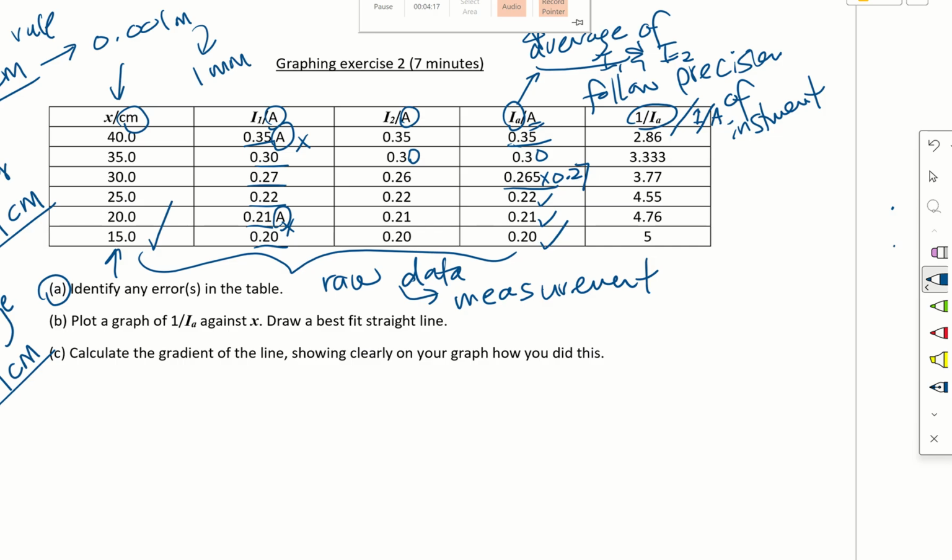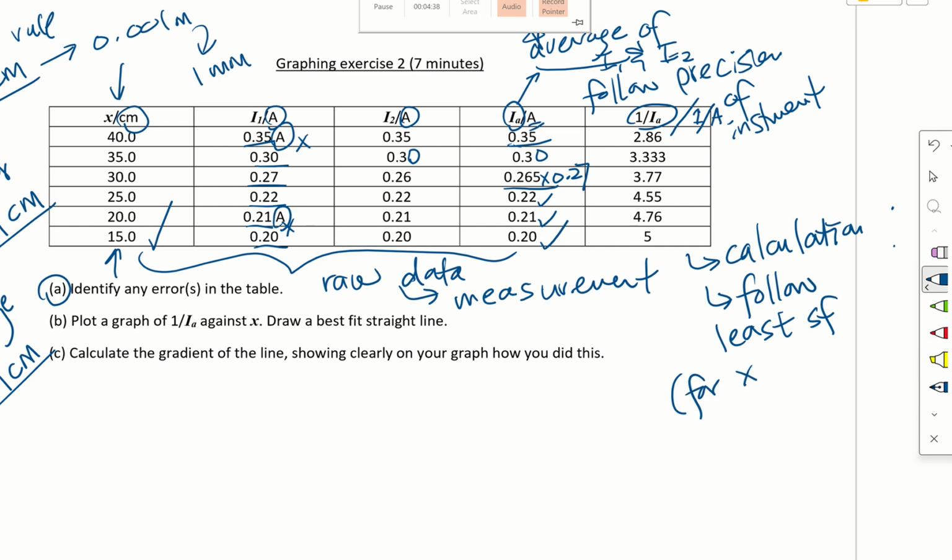So this is actually not a true measurement. This is actually a calculation, isn't it? So for calculation, you actually need to follow certain rules, and because this is division and multiplication, we need to follow the rule of least SF for multiplication or division.